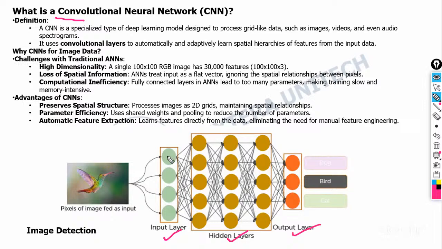And these features that are passed will be multiplied with parameters like weight and bias. So this will ensure that each and every neuron in the input layer will be connected to the next layer, that is the hidden layer, and this is going to be a multi-layered neural network.